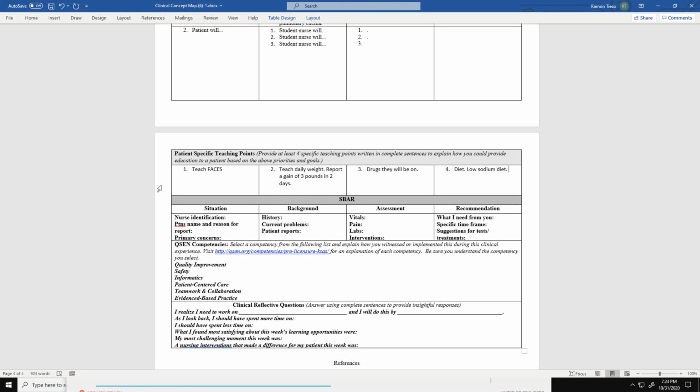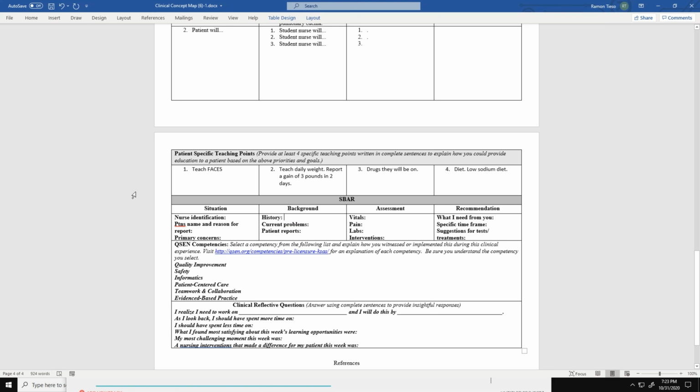So it's a situation. Of course, you put your name, right? Patient's name and reason for report. Do not put their name, put their initials on here, and your primary concerns. So what kind of concerns you have about the patient. Now, if you're calling for an order, which is probably what SBAR was actually designed for, you're going to need those concerns. A history, right?